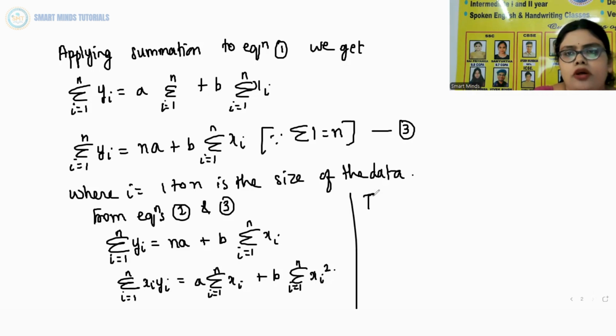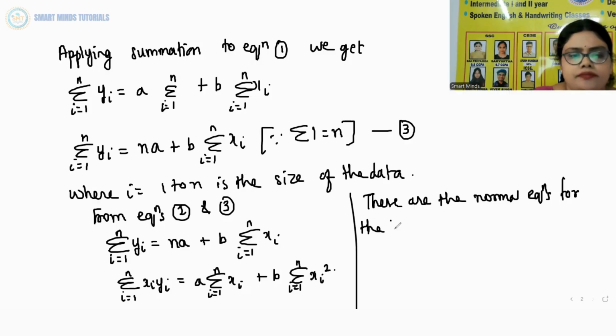So these are the normal equations for the best fit of the straight line y = a + bx.